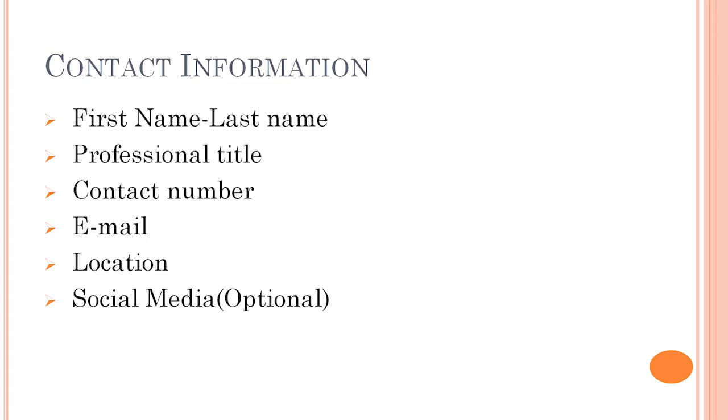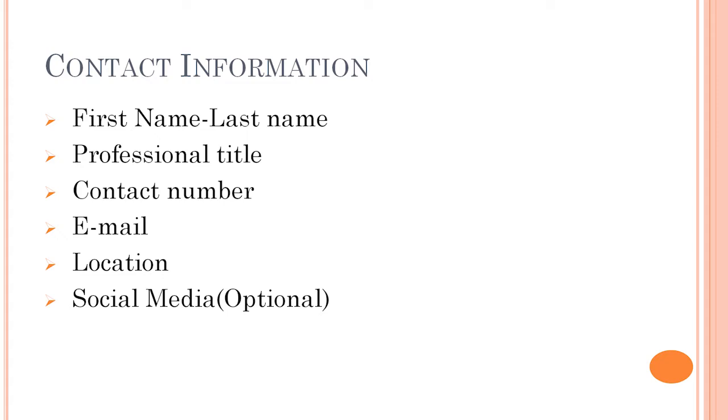Now, when we come to the contact information, the first and the most important thing is your first name and your last name, followed by a professional title. That means what you are currently or what you had been doing in your last previous job, and your contact number, your email address, the location, that is the address of your settlement.